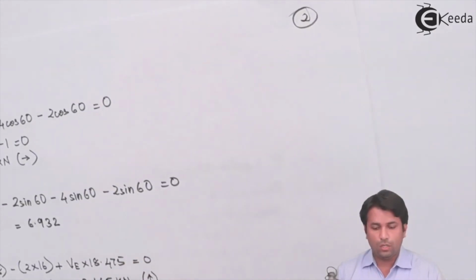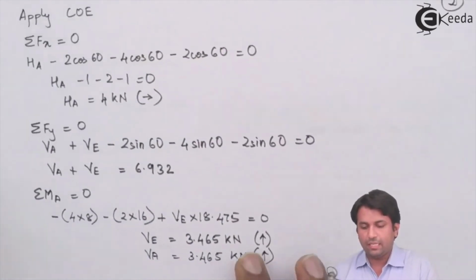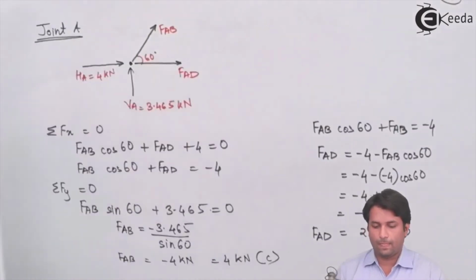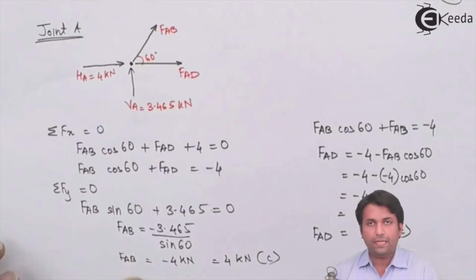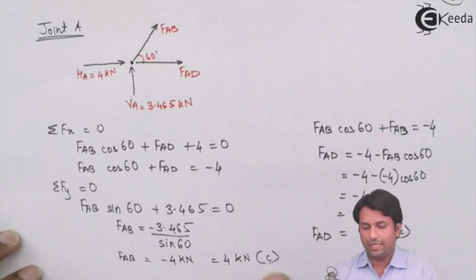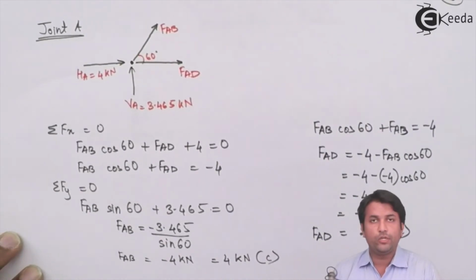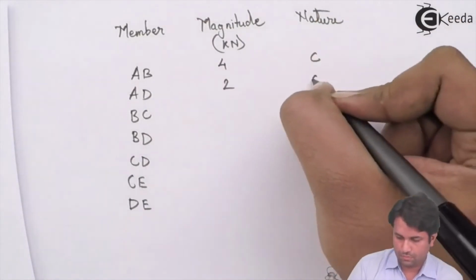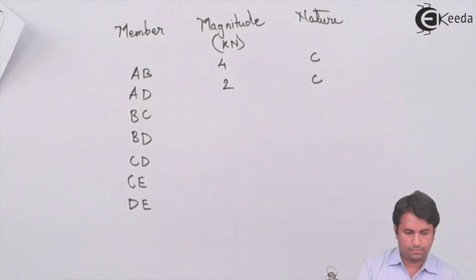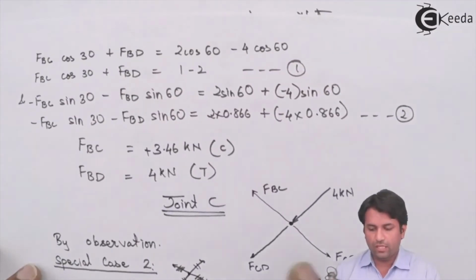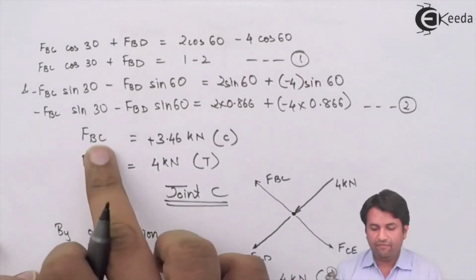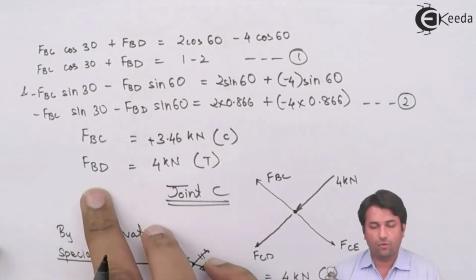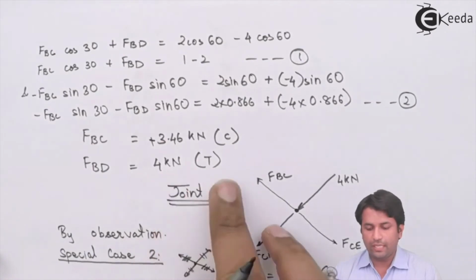The values that we have got, these are the support reactions: HA, VA and VE. Now, FAB was 4 kilonewton compressive, FAD 2 kilonewton compressive. If I go to joint B, I have got FBC as 3.46 compressive, and force BD as 4 kilonewton tensile.